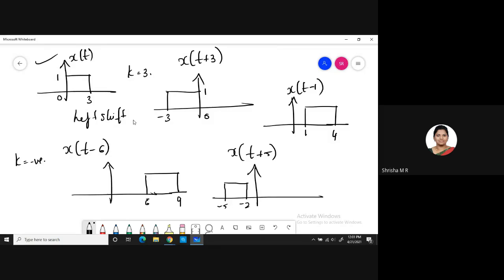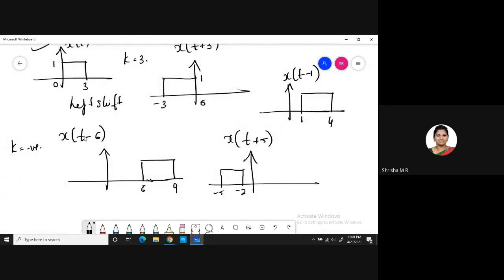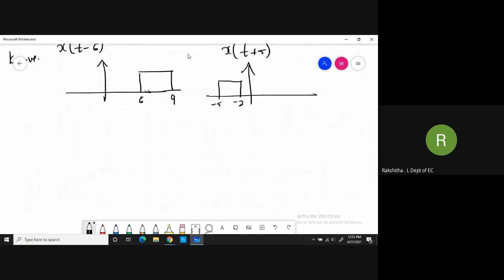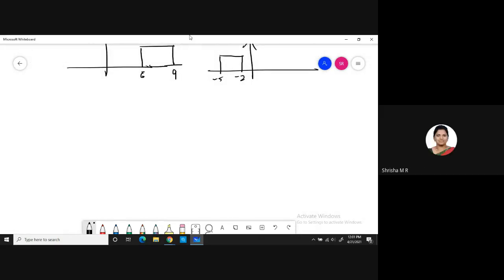So what did you understand? Did you follow, everyone? If you have negative sign, there will be right shift. If you have positive sign, there will be left shift. Clear, everyone? So what did we understand from this?